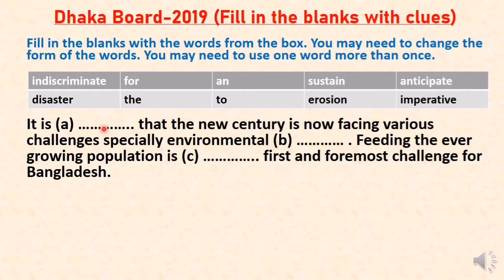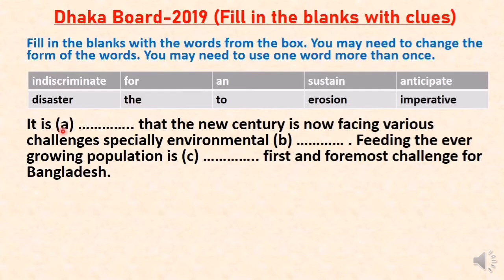Students, various types of parts of speech and articles are over here, and with these parts of speech and articles you are going to complete this passage. So this fill in the blanks we are going to start now.